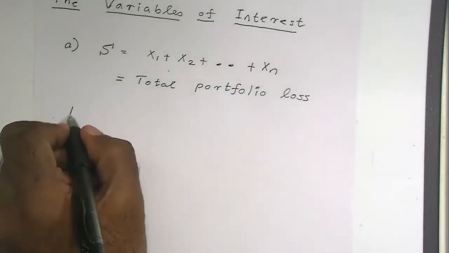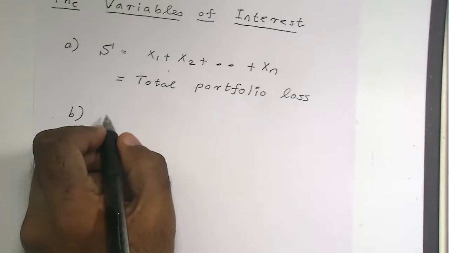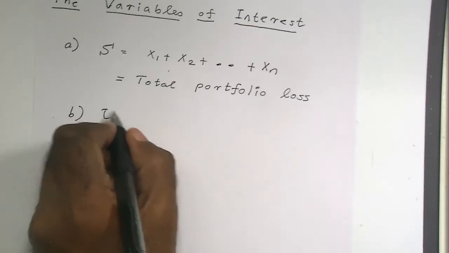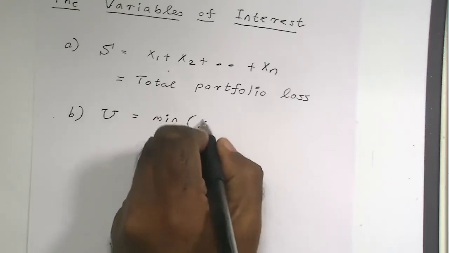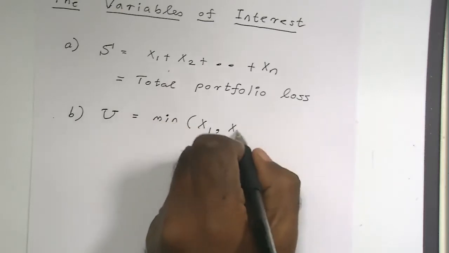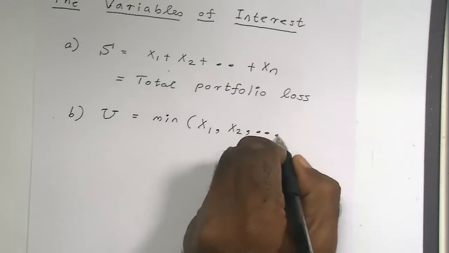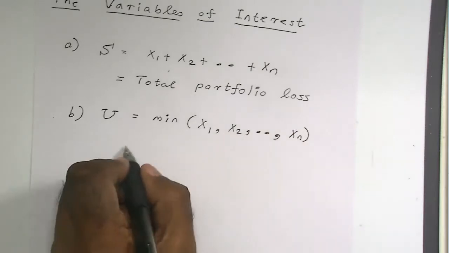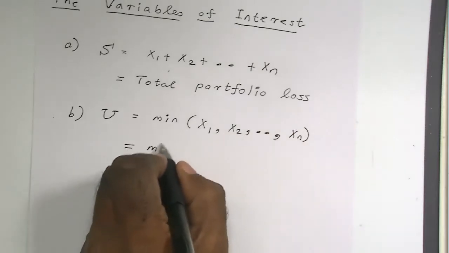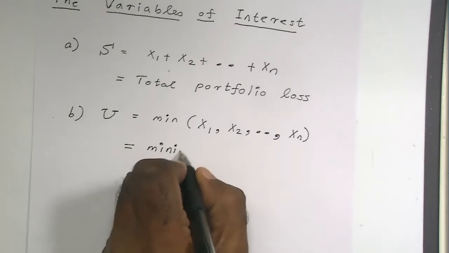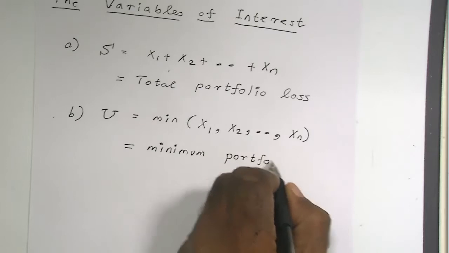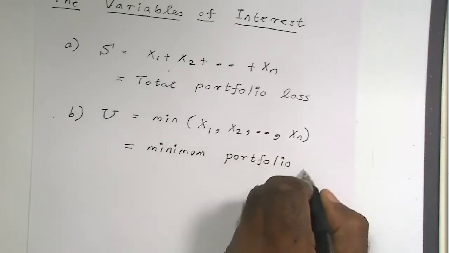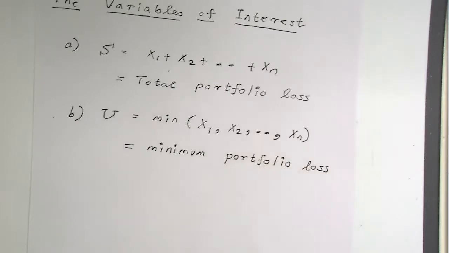Part B. So this is the minimum portfolio loss.